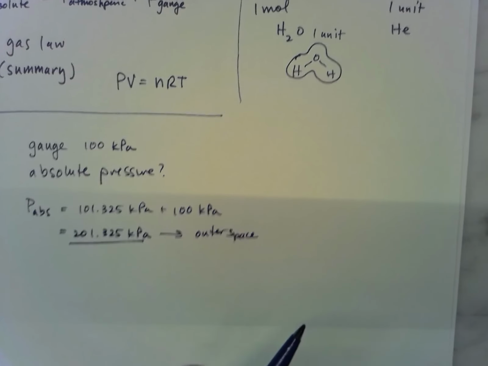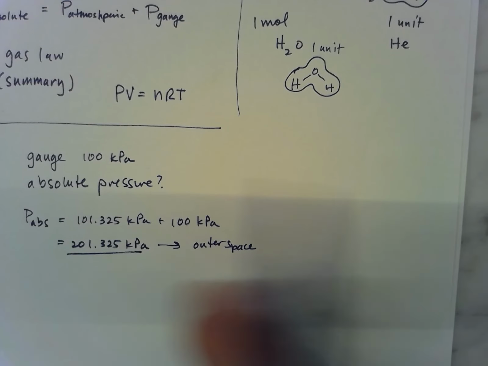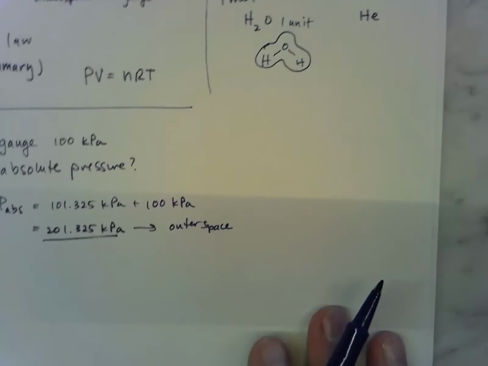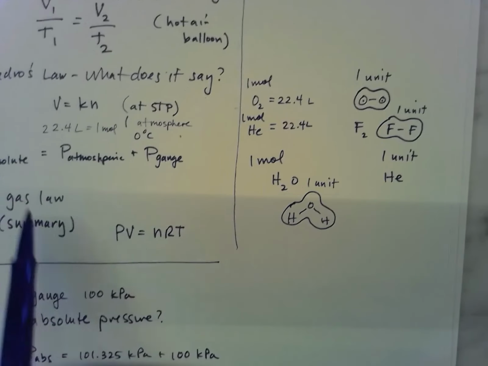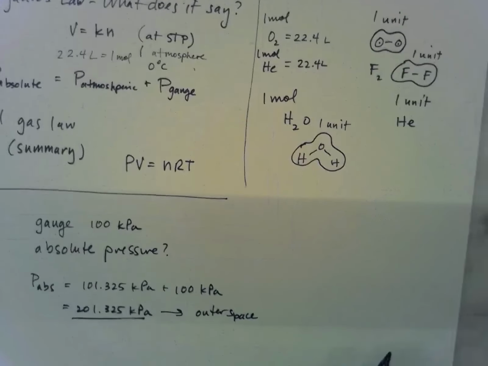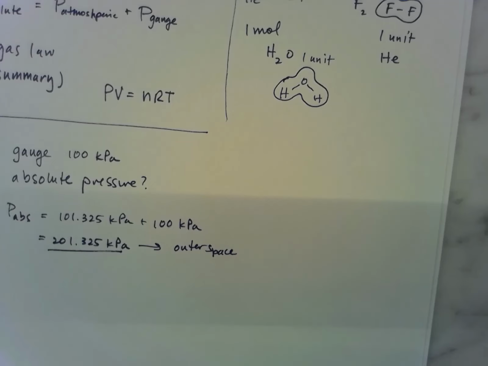The absolute pressure is what doesn't change, no matter what your atmospheric pressure is around there. So make sure, if you have to, just memorize this. Don't let points slip away from you because you could have just worked it pretty straightforwardly.